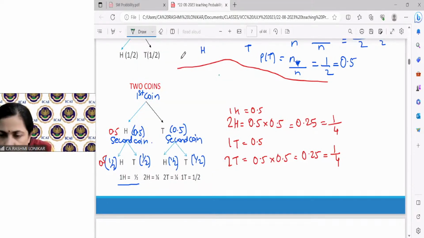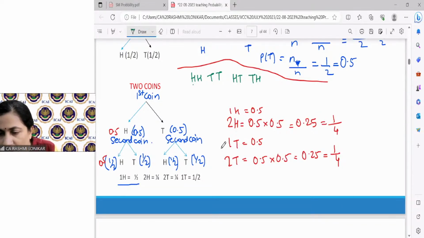When I flip two coins, either I get a head head, or a tail tail, or a head tail, or a tail head. These are the four possibilities. The first head and second head is 0.5 into 0.5, which gives me 0.25.